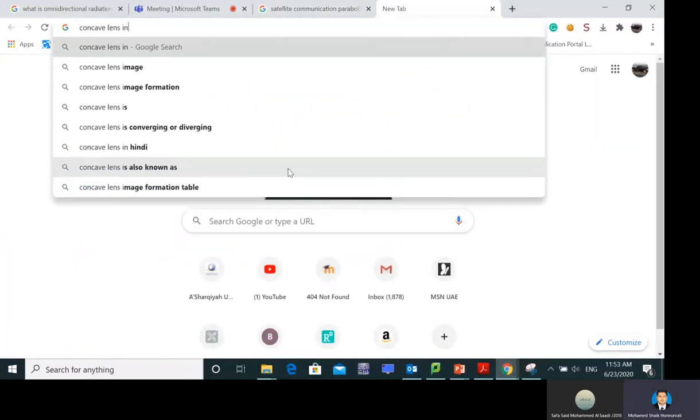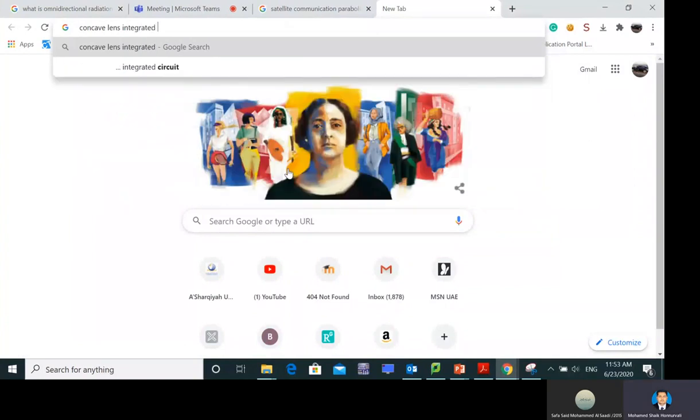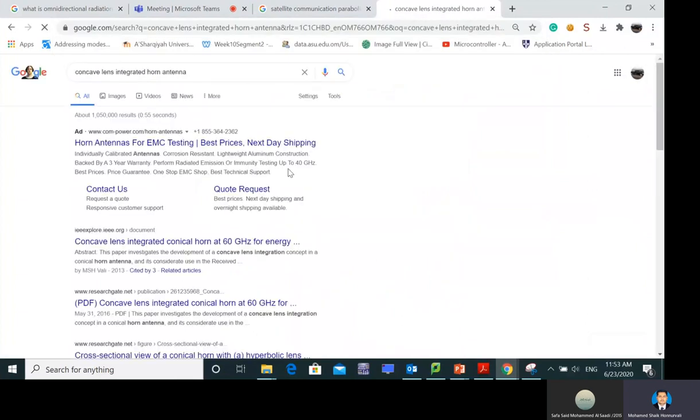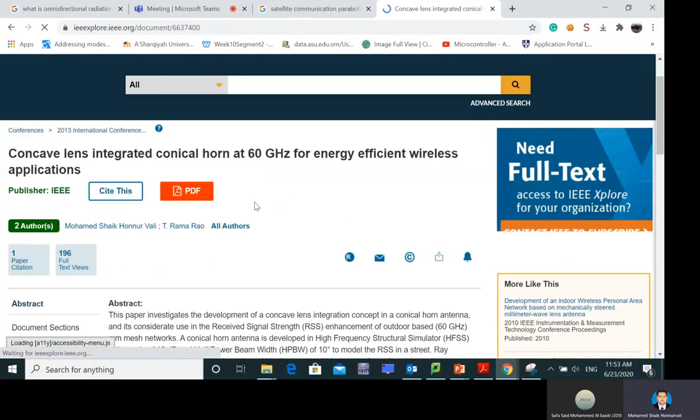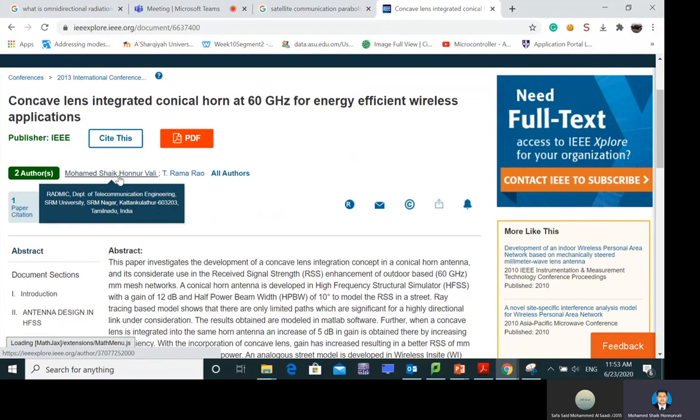Integrated antenna. I have mixed 2 antennas, an aperture antenna and also a horn antenna. This is my article. I have written this article. You can see my name here.